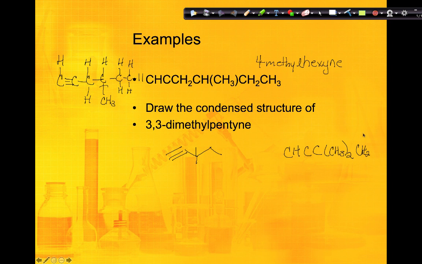It's missing 2 bonds, so it's 2 hydrogens, and then CH3. A lot of this is just practice. Once you learn the rules, you just keep practicing it over and over again.